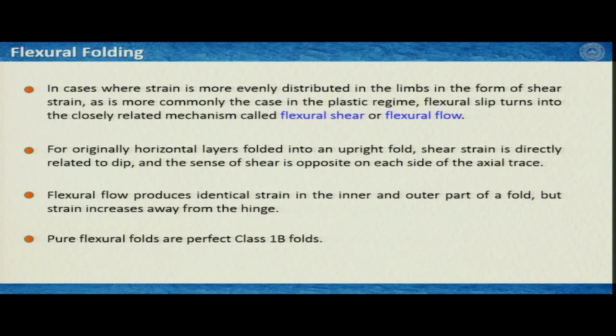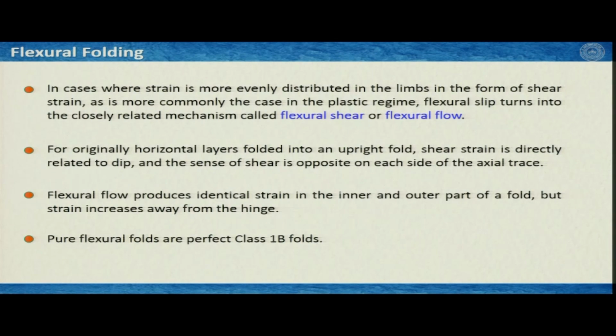So, in other words, as it is written here, in cases where strain is more evenly distributed in the limbs in the form of shear strain, as is commonly the case in the plastic regime, flexural slip turns into the closely related mechanism which is known as flexural shear or flexural flow. So, individual slips are not visible and it is more or less some sort of shear strain.